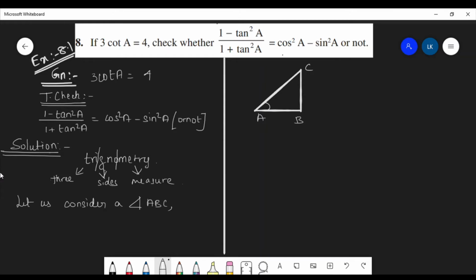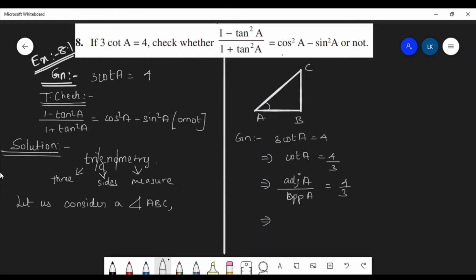Here it is the angle A. What is given in the question? Given 3 cot A is equal to 4, which implies cot A is equal to 4 by 3. Therefore cot A is nothing but adjacent side of A by opposite side of A, which is equal to 4 by 3.